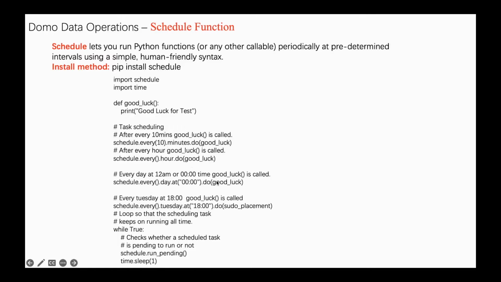Of course, I can also set every Tuesday at 18 o'clock to update, for example, the student placement function. You just use these conditions, plus a while loop and time.sleep(1), to make your code run at a fixed time.